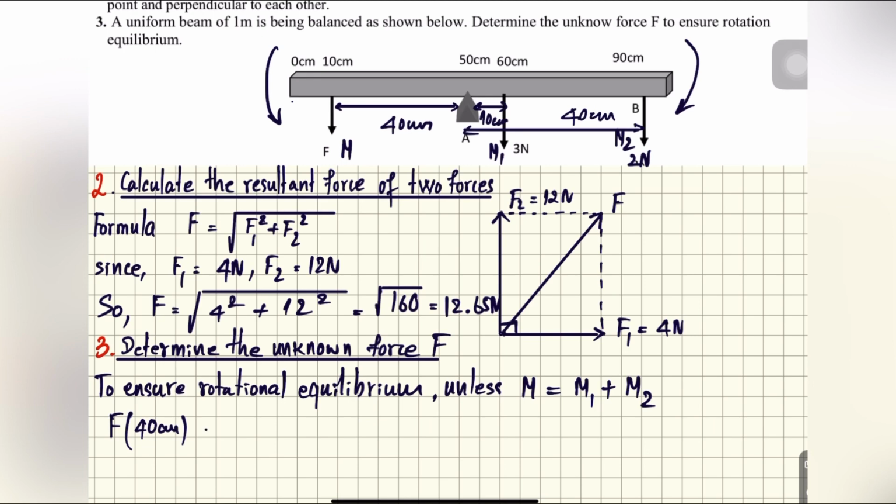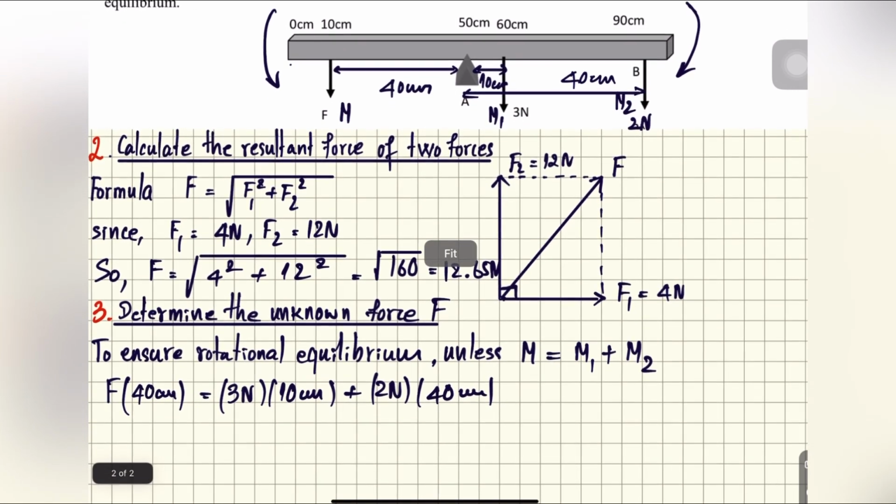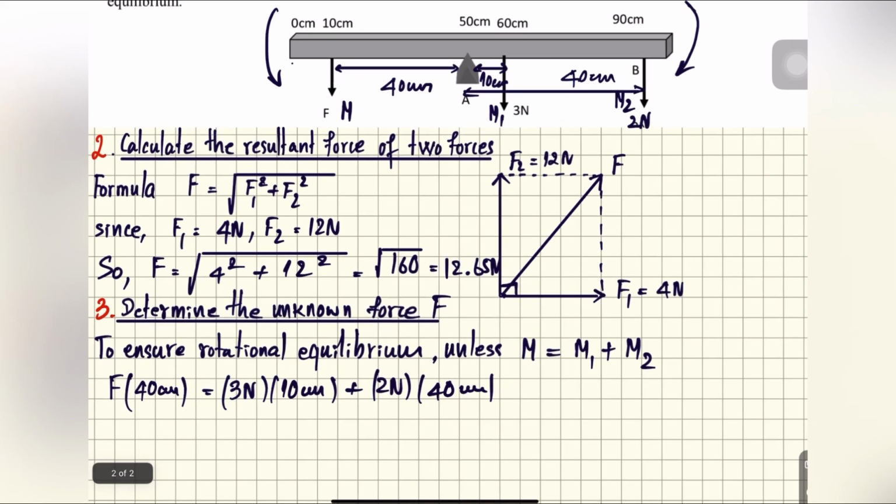It equals the sum of moments in clockwise, which is the moment created by 3 newtons over a distance of 10 centimeters, plus the moment of 2 newtons over a distance of 40 centimeters. Doing the operation, F multiplied by 40 equals 30 newton centimeters plus 80 newton centimeters.